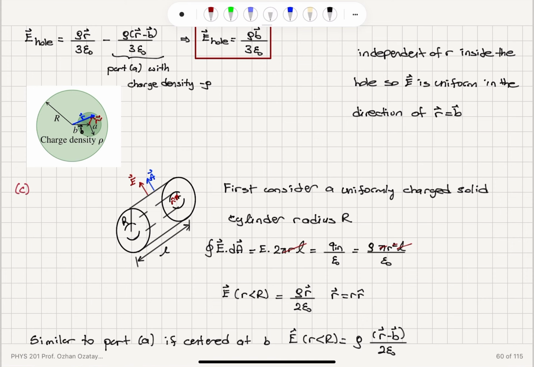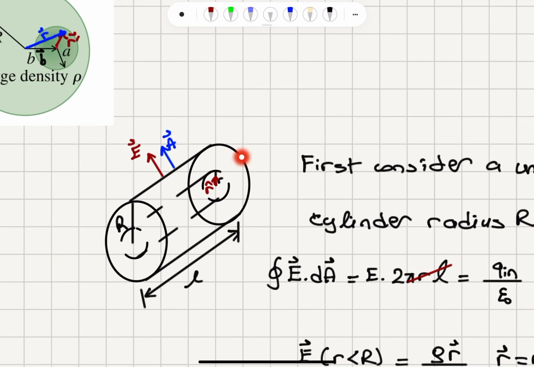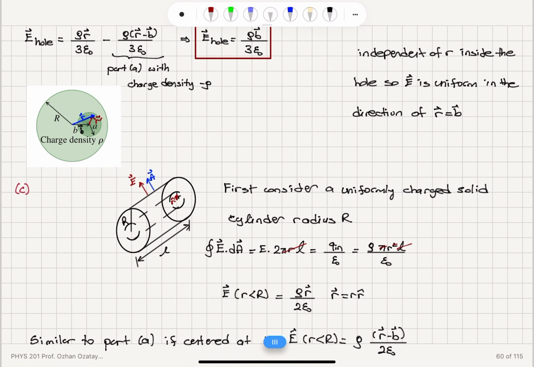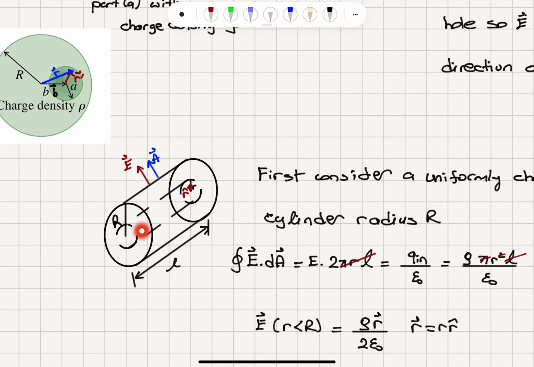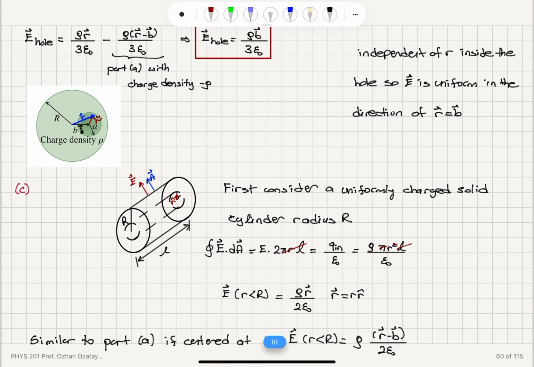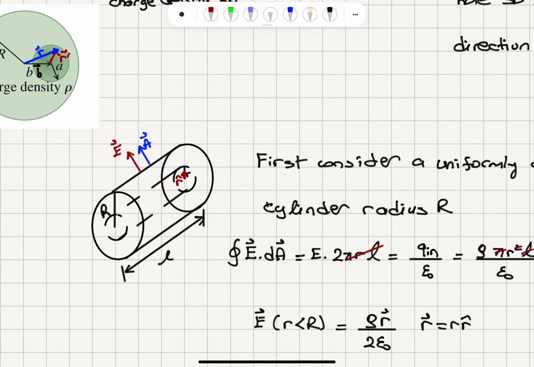The related problem is a cylinder. A uniform cylinder has an electric field inside of rho r over 2 epsilon 0, which is easily found by considering a Gaussian cylinder inside this cylinder with radius r less than capital R. So here I have r less than capital R. And this gives me E times 2 pi r L, because electric field and area vector are parallel.